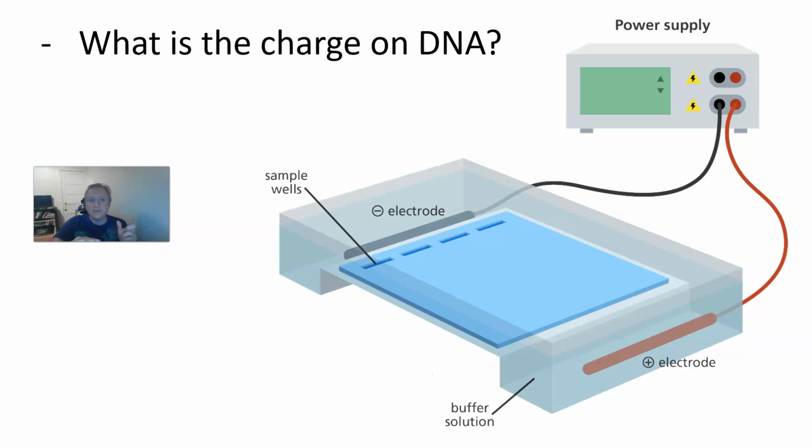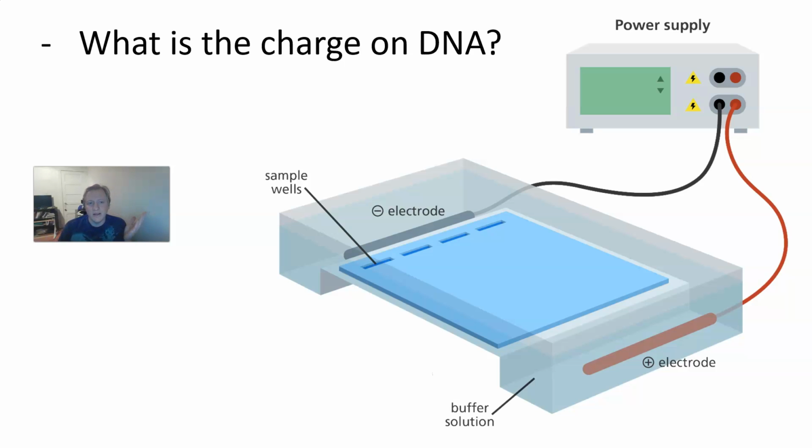So if we apply electricity to some DNA, where is it going to go? Well, opposites attract, likes repel, and so just naturally the DNA is going to move from the negative end toward the positive end. And the thing about this gel, it's called agarose gel, and basically it's kind of like an obstacle course for the DNA.